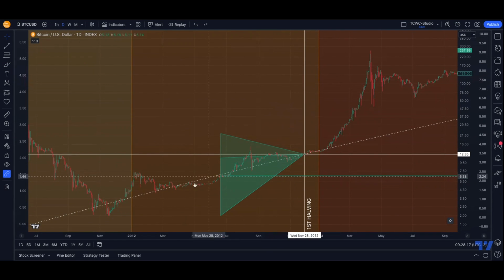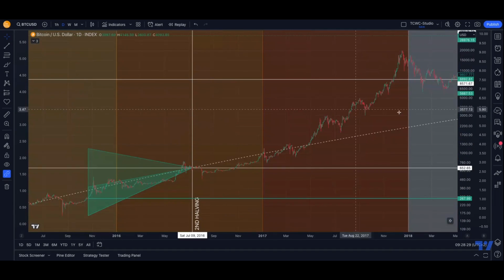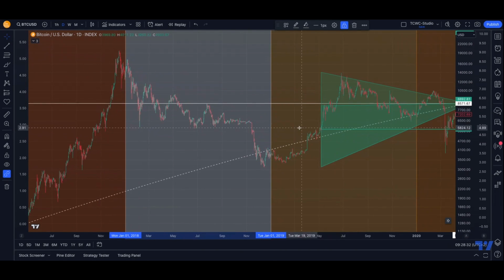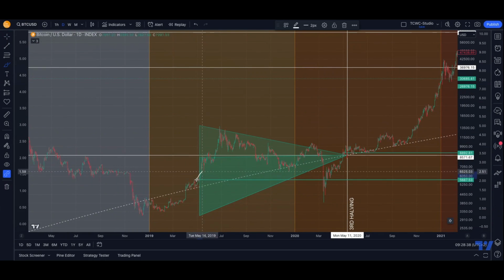So we found that whenever interest rates are low or falling, we usually trade up into the upper triangle, kind of like what we did here in 2019.